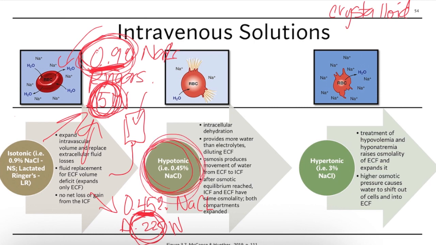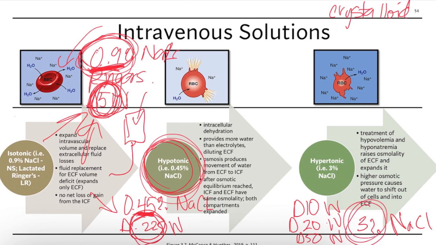And likewise, you have solutions that are 10% dextrose in water. You have hypertonic, which actually comes in 20% and 50% dextrose in water. You can have a 3% sodium chloride. 3% is much, much higher than 0.9%.